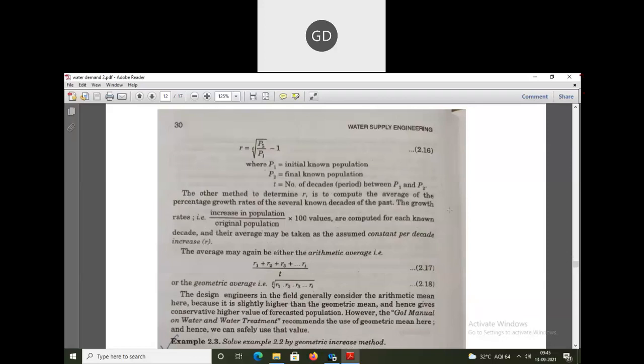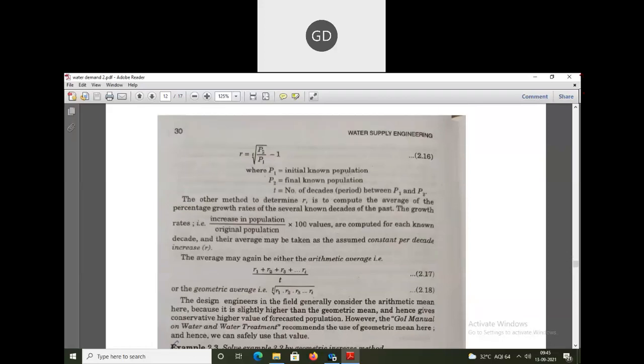This is one formula, this is another, and this is the third. While doing the numerical, we will use any one of these formulas and easily find the value of the assumed growth rate.